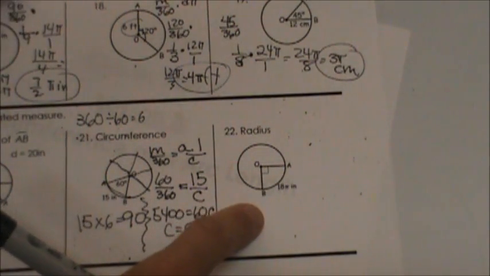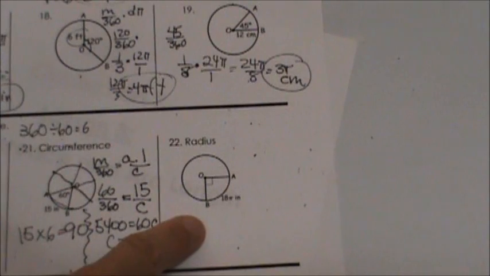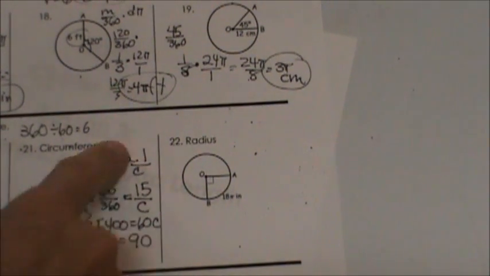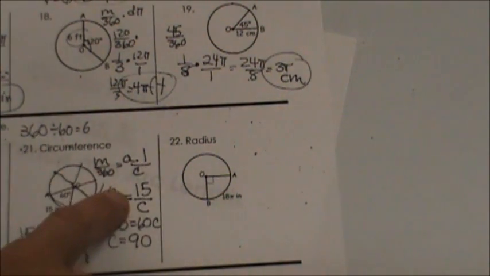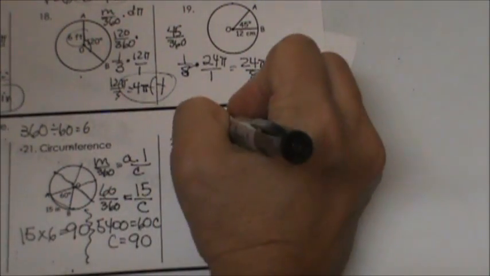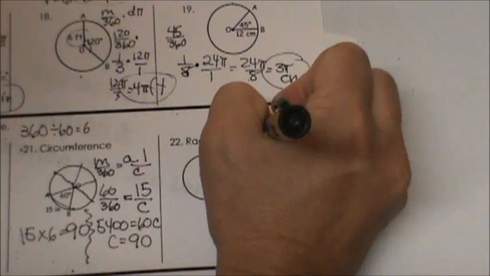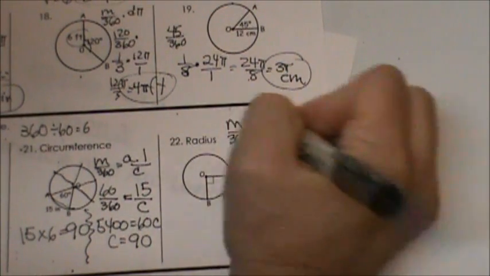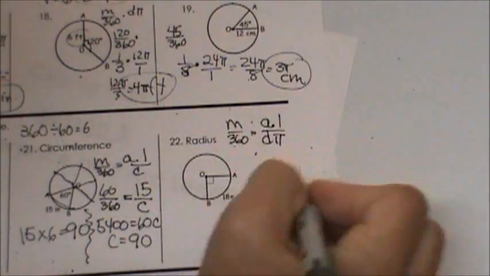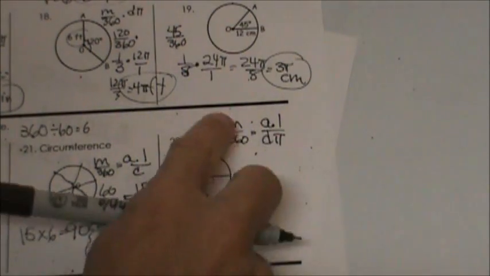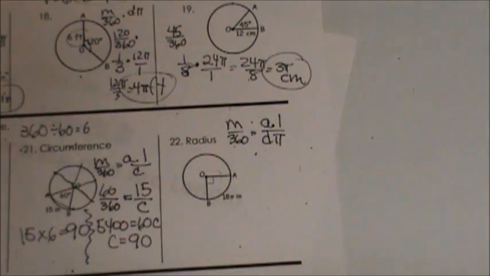Okay, so let's look at this one. And this one is asking us to find the radius. So this is another backwards type problem. So let's use this measure over 360 formula. The measure over 360 equals arc length over circumference, or d pi. It doesn't matter, whichever you want to use. So our measure, what's our measure right there?